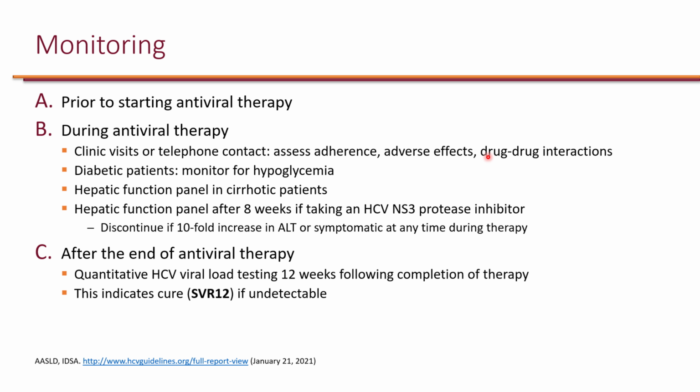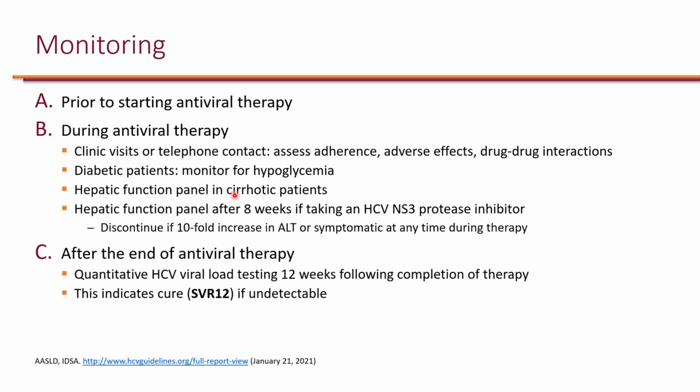In the community setting, specialty pharmacies are involved with hepatitis C, and the patients can be managed by those pharmacists as well. Now, for diabetic patients specifically, it's important to monitor for hypoglycemia, because there have been reports of these patients having more frequent hypoglycemia once Hep C treatment started.